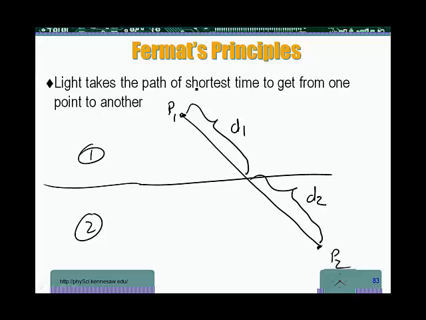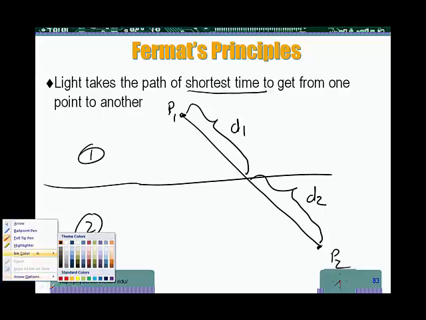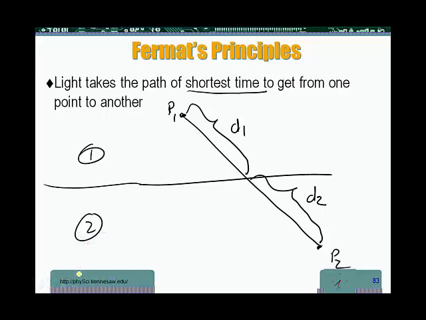Now, to take the shortest time to go from P1 to P2, remember again that light, I'm going to draw it in yellow here, is not traveling as a ray, and actually it's going to be a wave that's going in all directions.